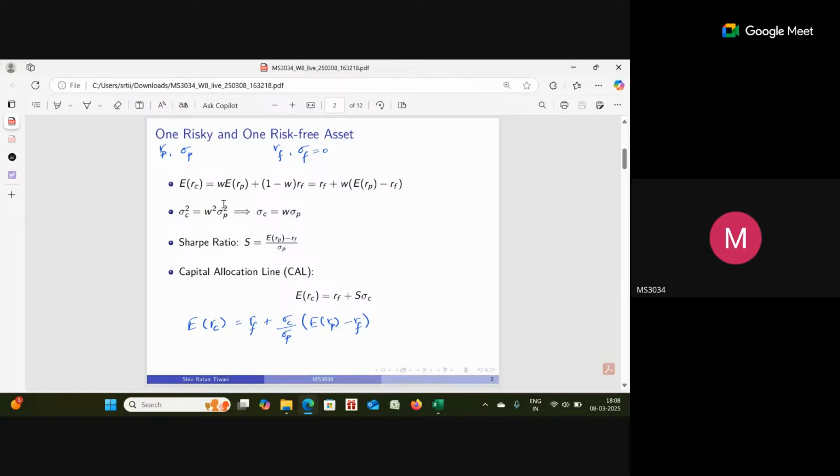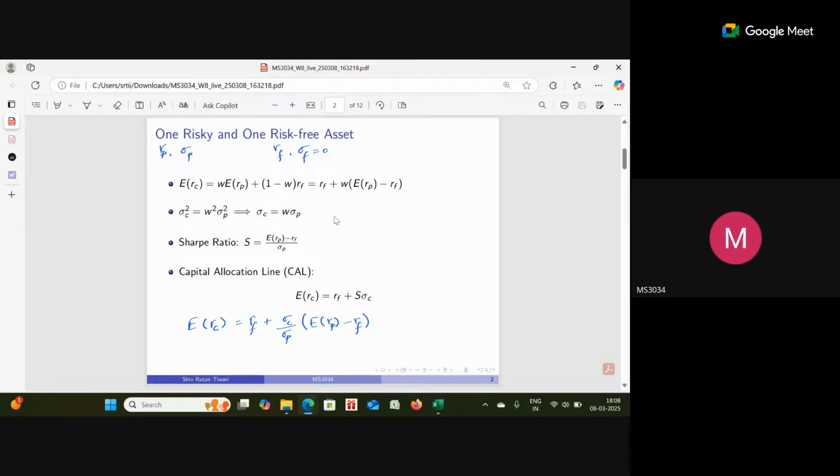Now, what will be the variance of this combined portfolio? There is no variance coming from the risk-free asset. The only variation comes from the risky asset, whose variance is sigma square p. So for the combined portfolio it will be W square sigma square p, and we can simplify it to sigma C is equal to W sigma p.